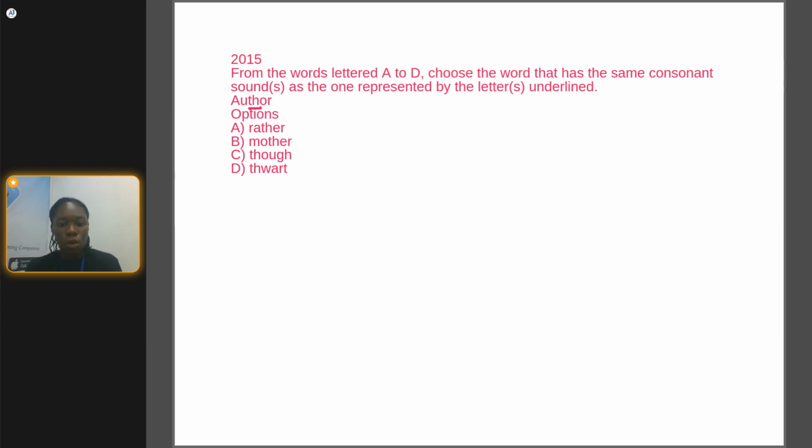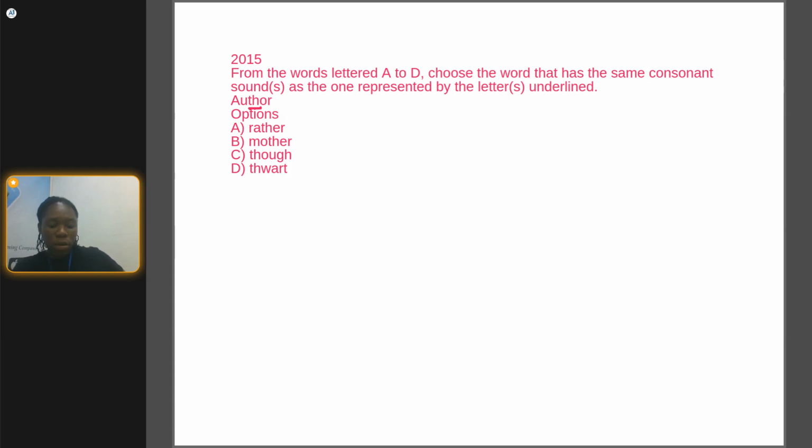All right. So we want to look at which one has the same consonant sound. Before we go to option A, we need to know what sound author is giving us.